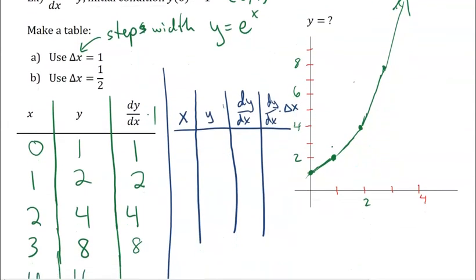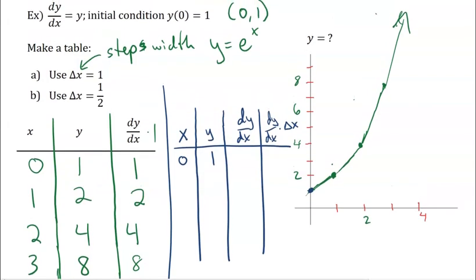Okay, so let's do this again with our initial condition of 0, 1. All right, so the y-coordinate gives us the derivative, because we're still using dy over dx equals y. So I have a slope of 1, but now I'm going to take that slope and multiply by my step width, which is 1/2, so I get 1/2.